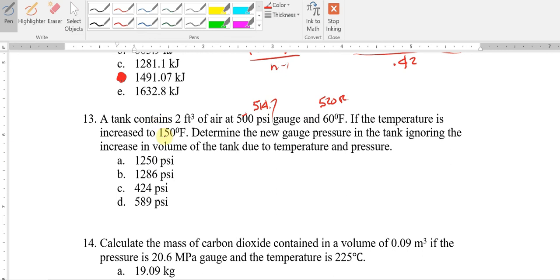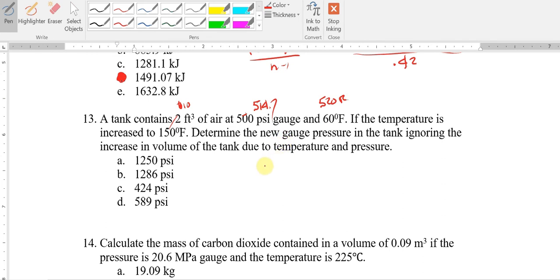Temperatures increase to 150. That's going to be 710, I think. 460 plus 150, 710. 610. Right. Determine the new gauge pressure in the tank.